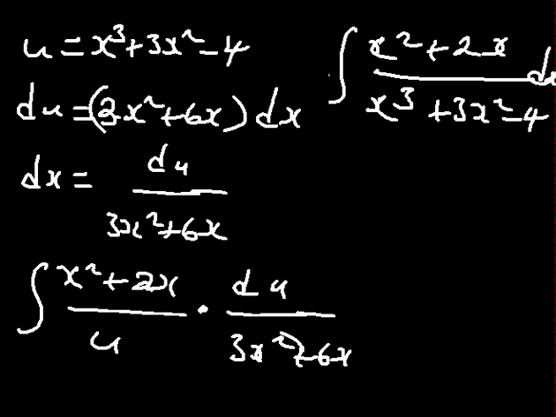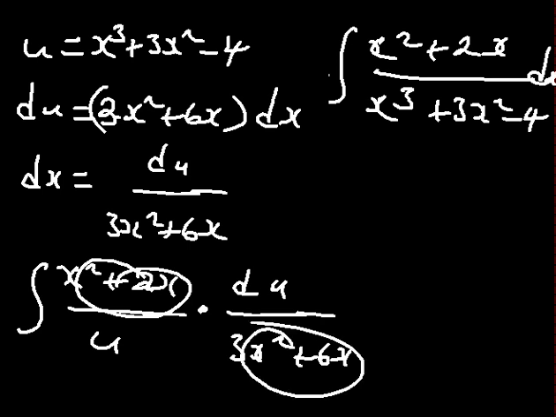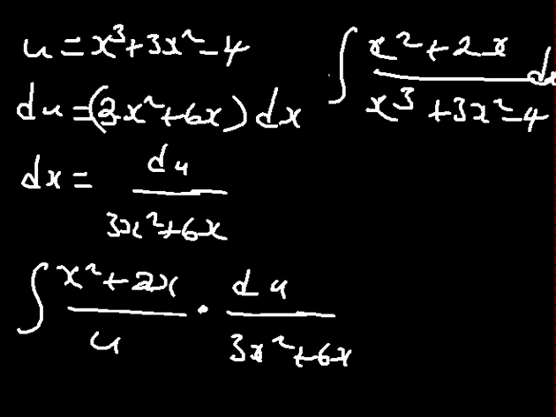So we need to factor out 3, as I already suggested before. We factor out 3 so that we can cancel this, and we're going to have 3(x² + 2x).